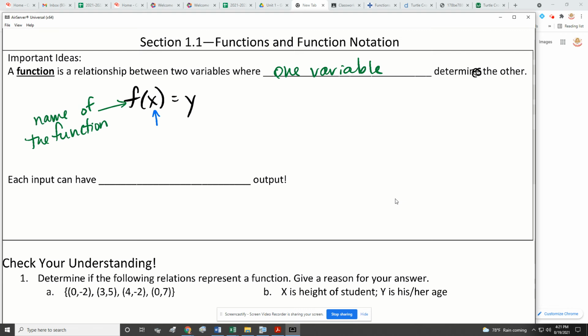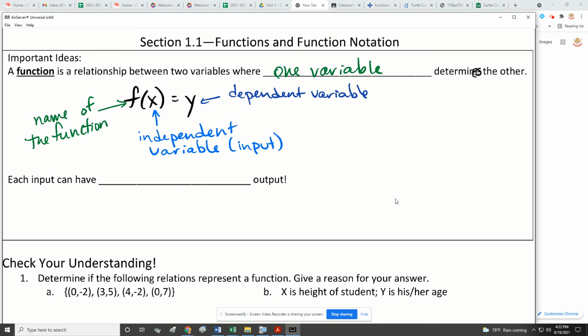x is the independent variable, also called the input. And y is the dependent variable, or the output.